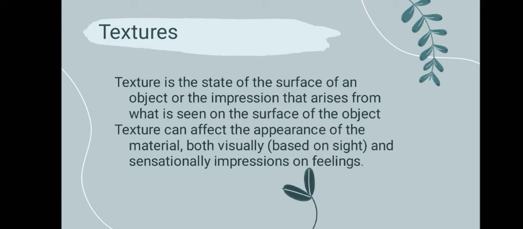Types of texture: a shiny texture can make someone who looks big or fat look bigger, so it is more suitable for thin people because it can add to the impression of fat. Dull texture: a texture that is not shiny. This texture gives the impression of shrinking objects.